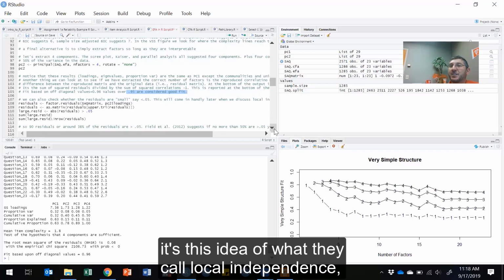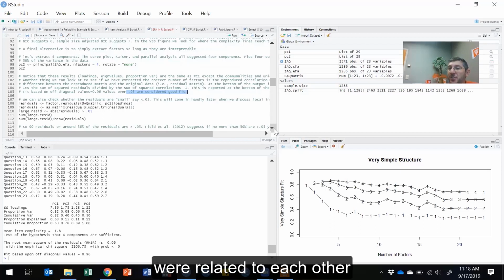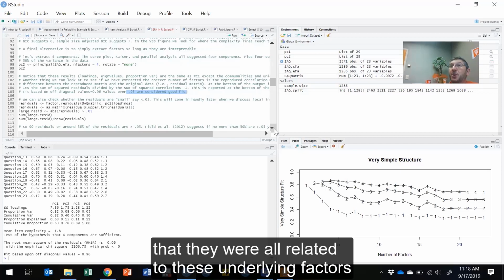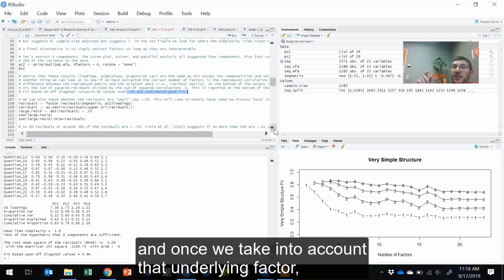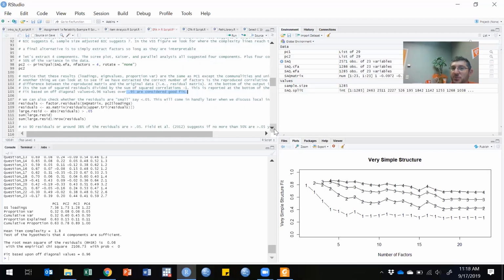It's this idea of what they call local independence, that the only reason these variables were related to each other is because they all shared this common variance, that they were all related to these underlying factors. And once we take into account that underlying factor, there's no more correlation among the variables.